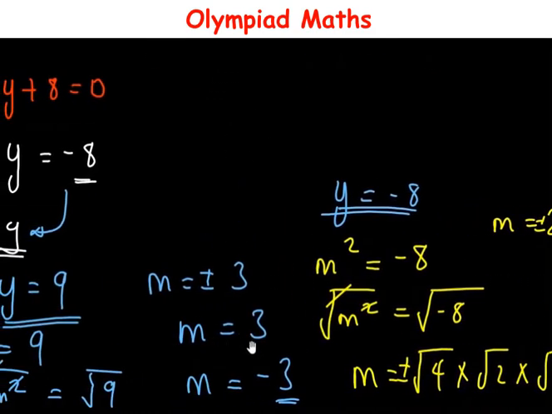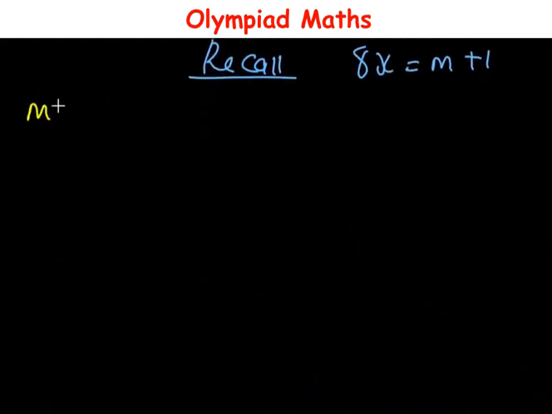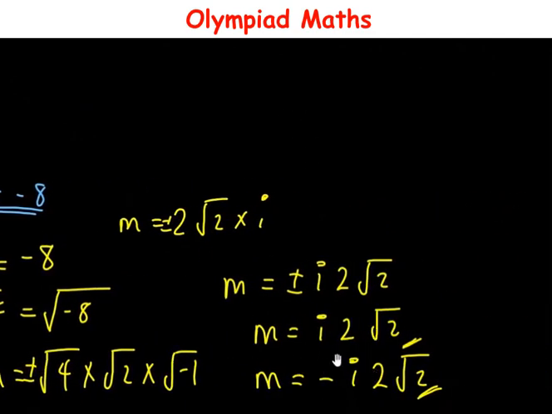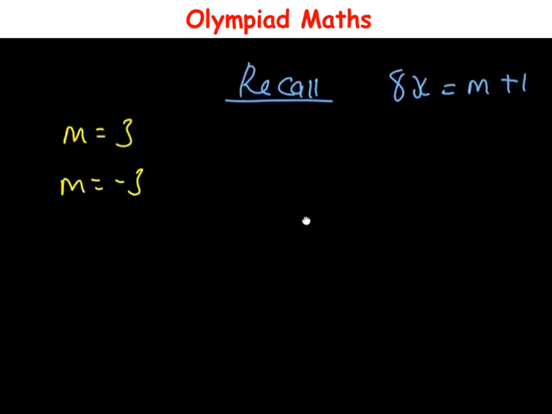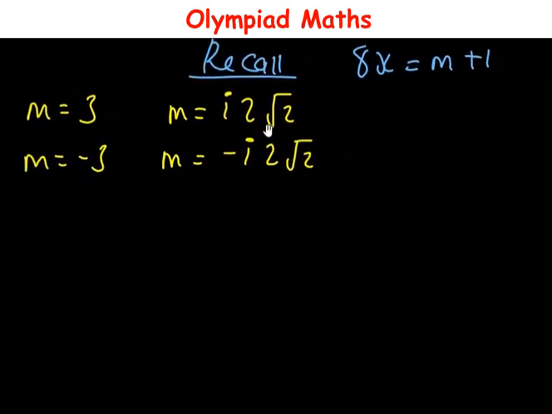The first one is m equals 3, then m equals minus 3, and also the other two values, m equals i times 2 root 2, and m equals minus i times 2 root 2. So let us then solve for the values of x for these 4 solutions of m.